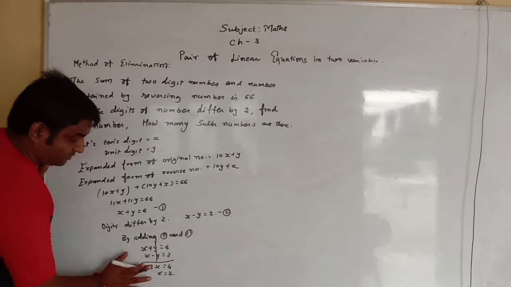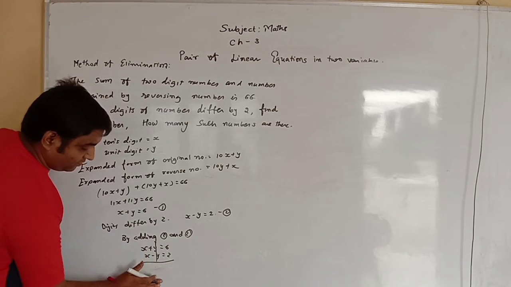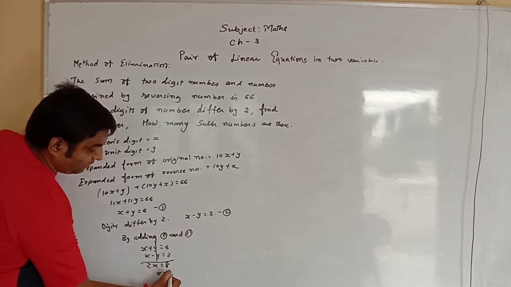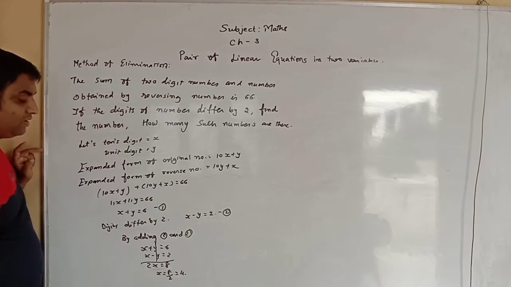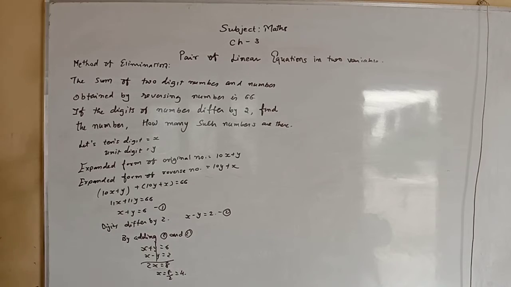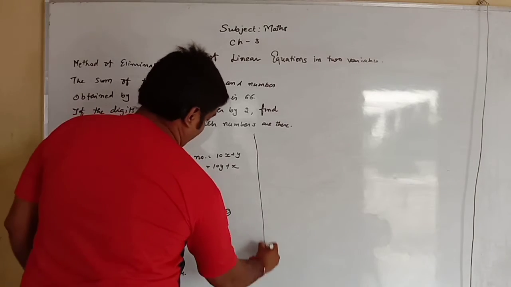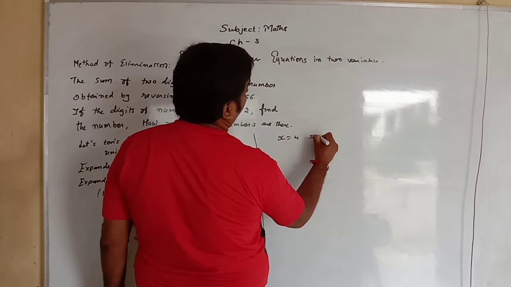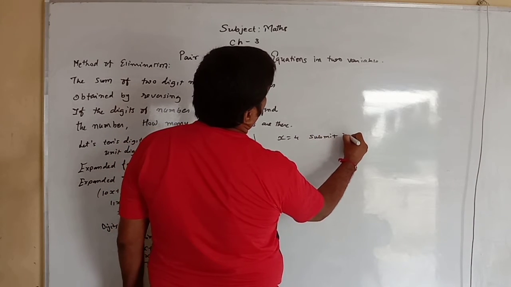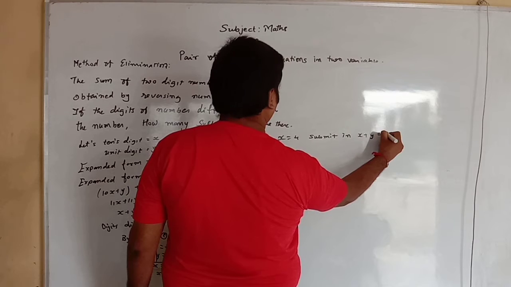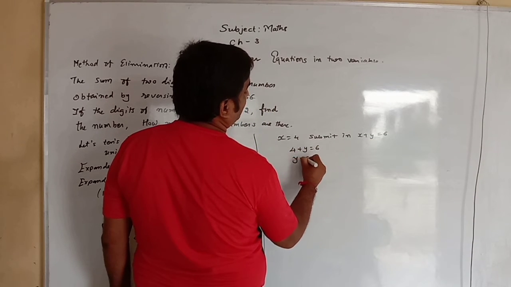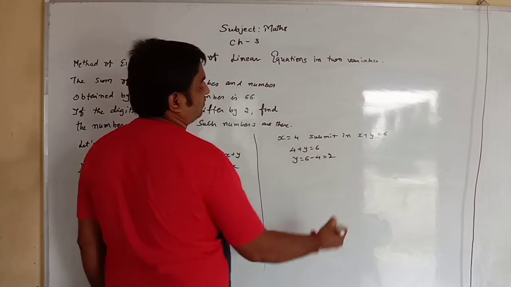Sorry, 2x equals 8, so x is equal to 8 by 2, so 4. So x equals 4 we got, and x equals 4, substitute in x plus y equals 6, so 4 plus y equals 6, so y equals 6 minus 4, which is 2.